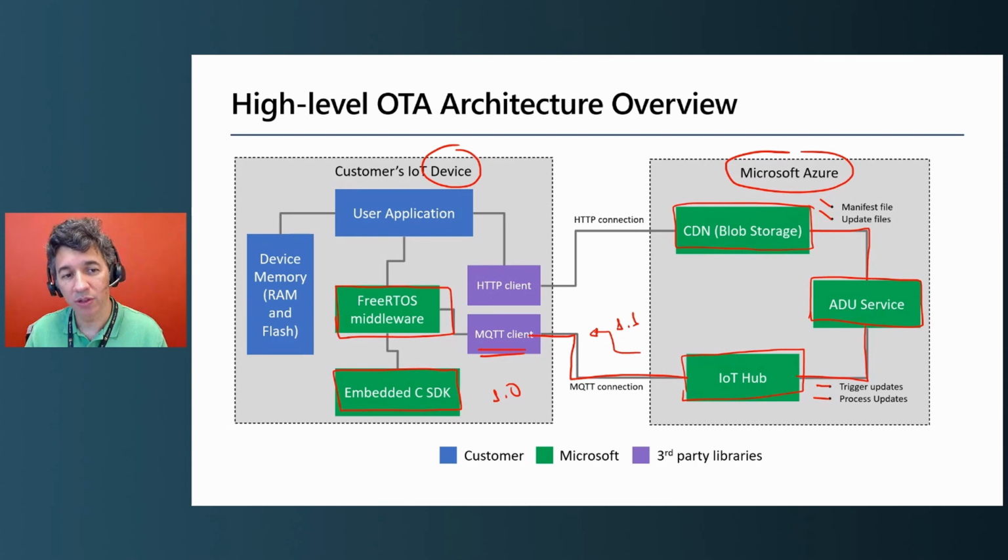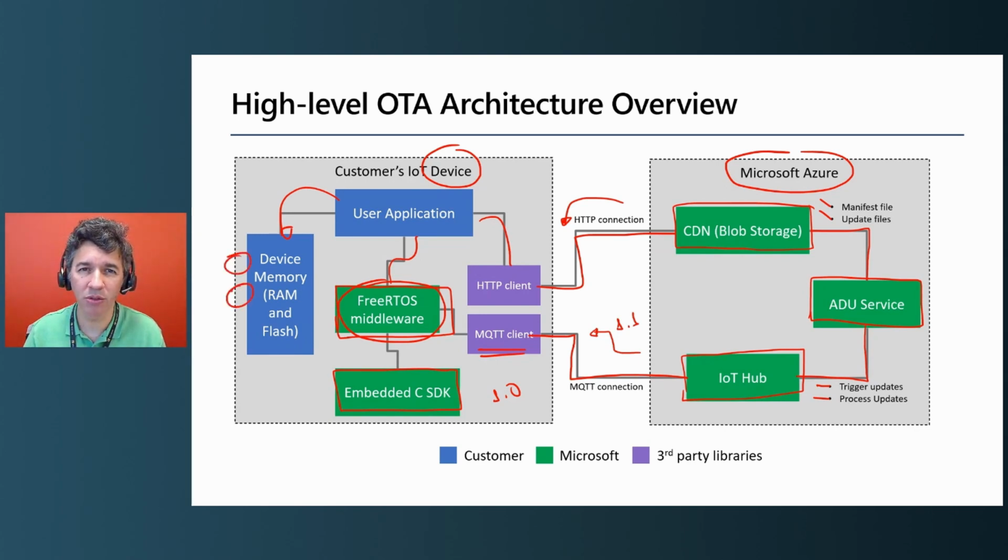Then, using the libraries that we're adding to the FreeRTOS middleware, we'll be parsing that information, making sure that this update request is coming from a trustworthy source. In this case, we'll be checking if this is coming from Azure. And then the user application will be able to open up an HTTP connection, connect to the blob storage, download all of the bits, check if these bits are fine, and then install them in one of the memory banks.